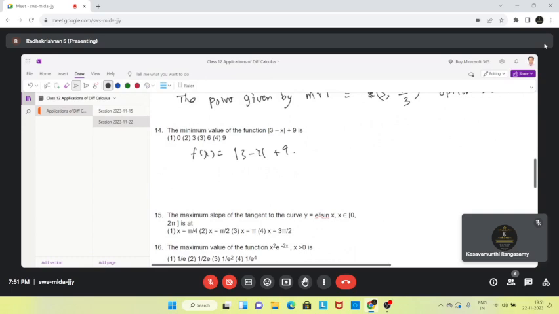Okay. So that will give you either maxima or minima. Whatever value you get, when you differentiate and equal to 0, it means slope is 0. That means it is horizontal. So that only means that it is either a maxima or a minima.